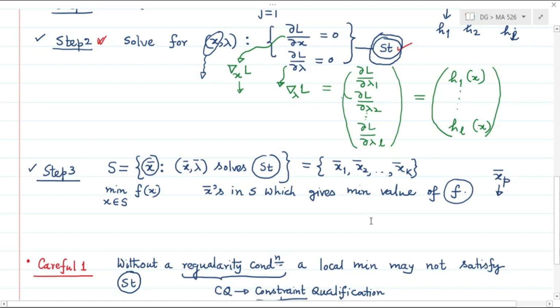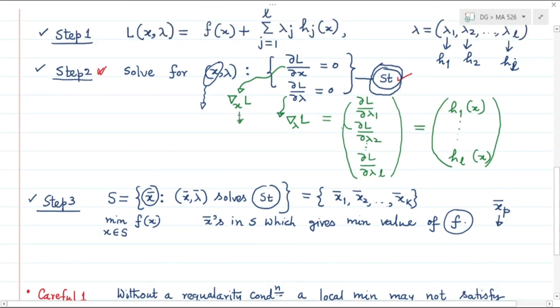In the unconstrained optimization problem we know that a solution of grad f equals to 0 may not be a local minimum.